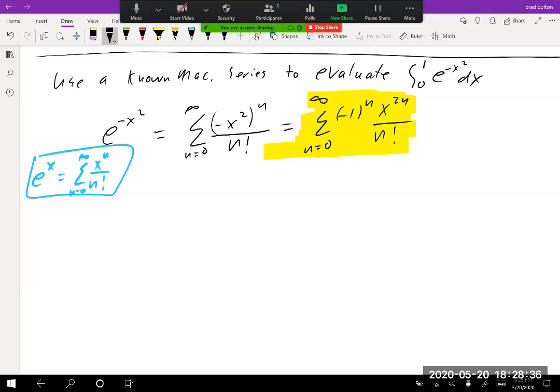So now I can write this as the integral of the summation of n equals 0 to infinity of negative 1 to the n, x to the 2n over n factorial. Let me make sure I didn't mess anything up. Okay, we're good.